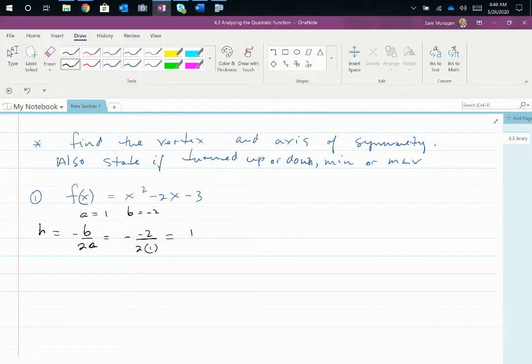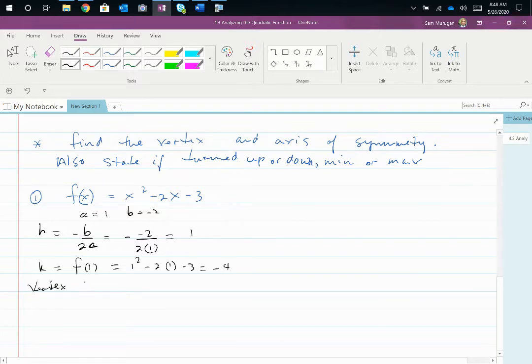And the k value of the vertex is f substituted with 1, which is 1 squared minus 2 times 1 minus 3, which is negative 4. So the vertex h, k is 1 and negative 4. This is a minimum point. How do we know that?